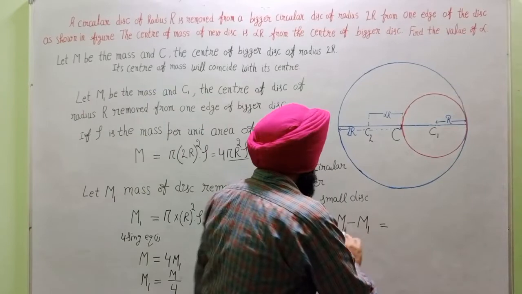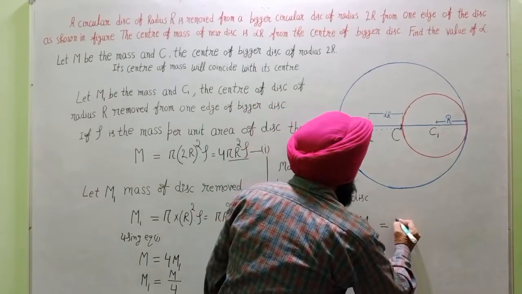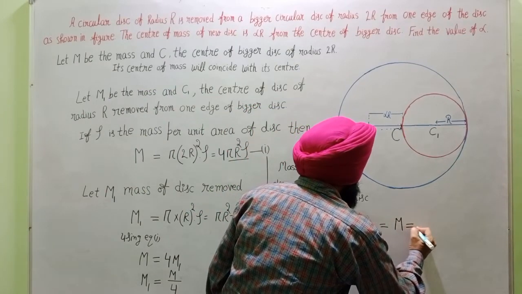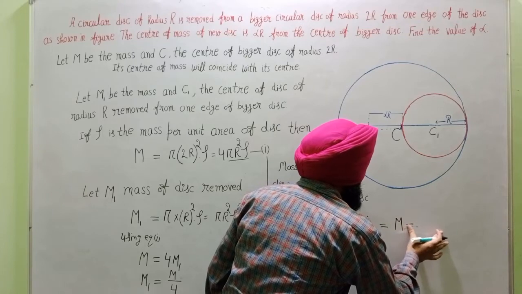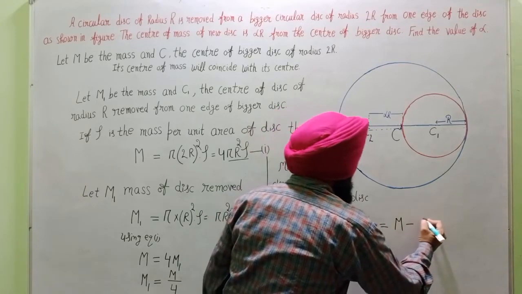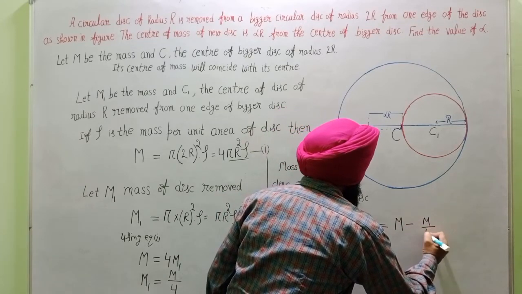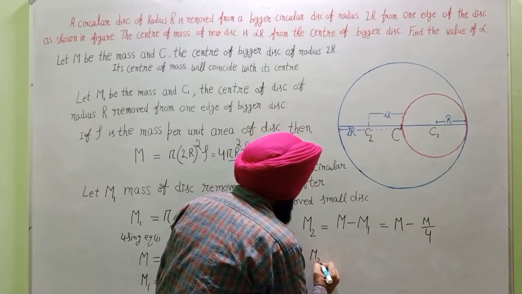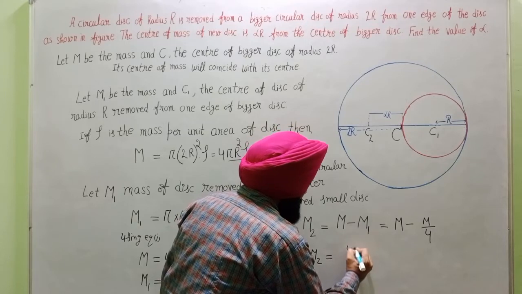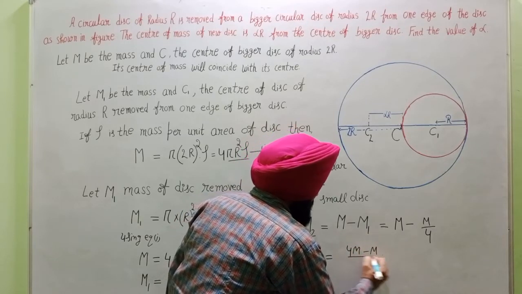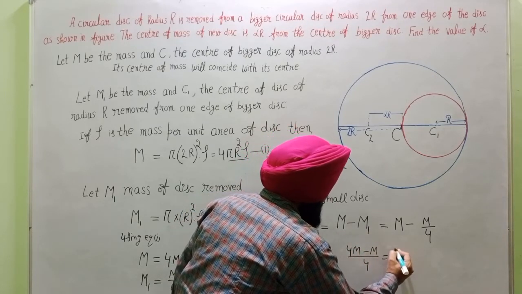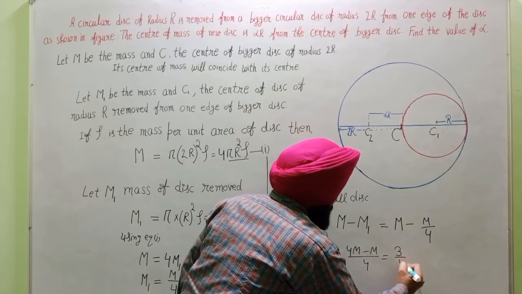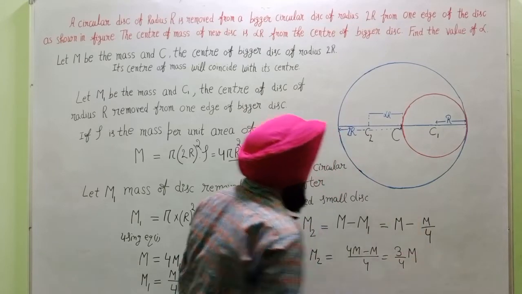Now M minus m1, that is m/4, and m2 equals 4m minus m/4, that is 3/4 m.